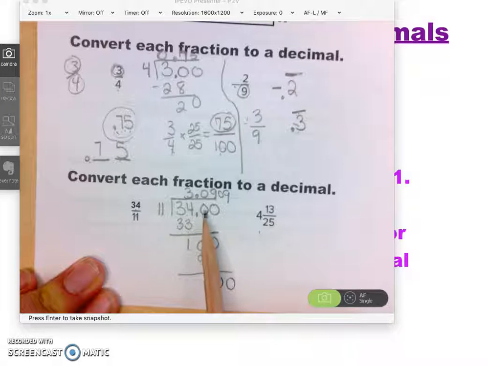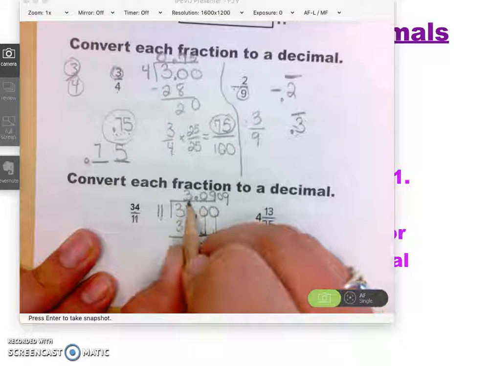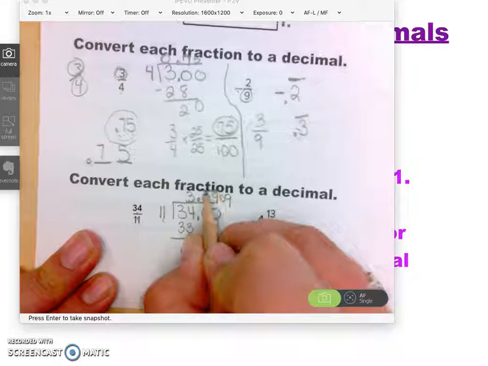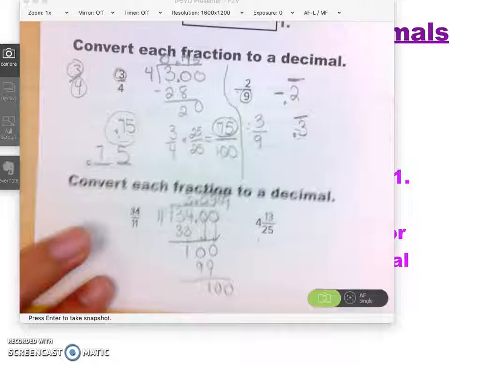If I bring down this 0 here, 11 can't go into 10. So I'm going to put a 0 up right there, and then I'm going to bring down the next 0. 11 goes into 100 9 times, and it's going to actually just repeat. I see that I get 99. I subtract, I get 1. I bring down the 0. 11 can. And I'm repeating myself. So it's going to be 3.09 repeating.